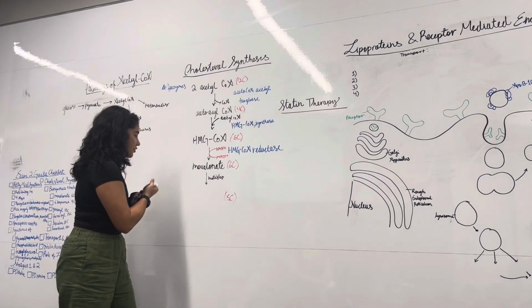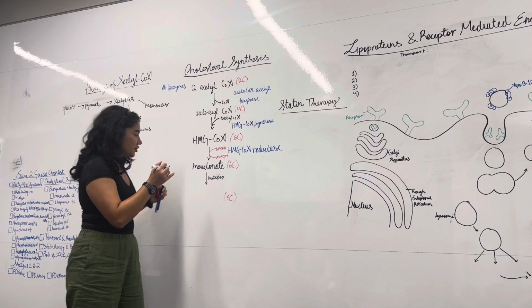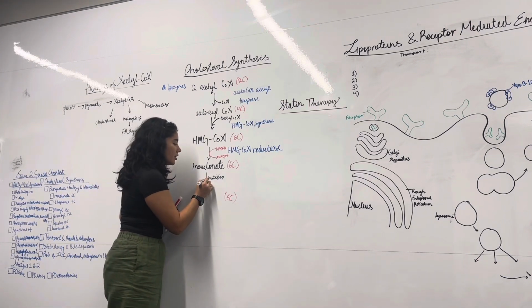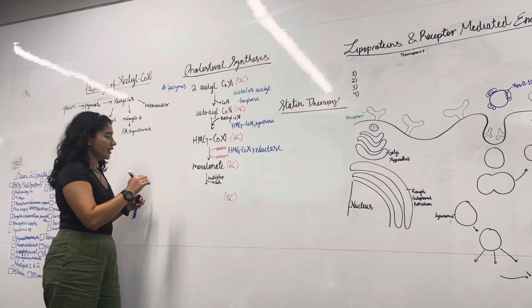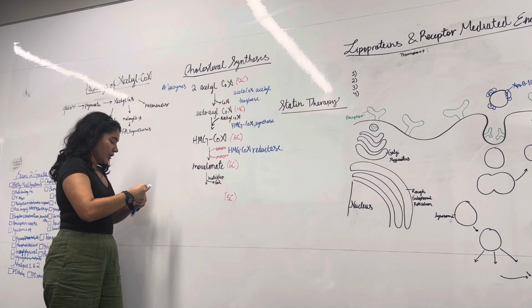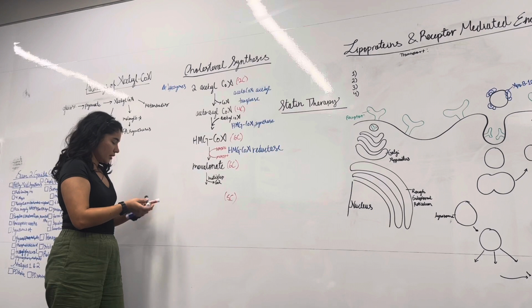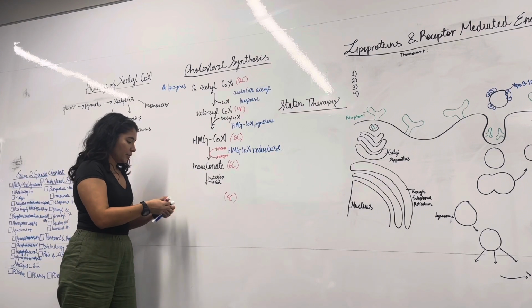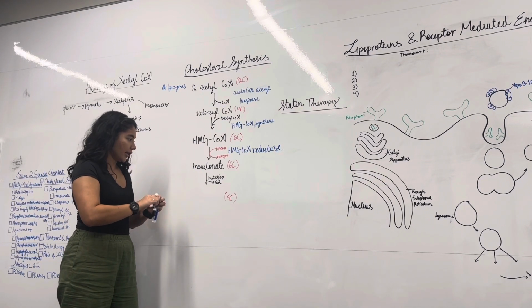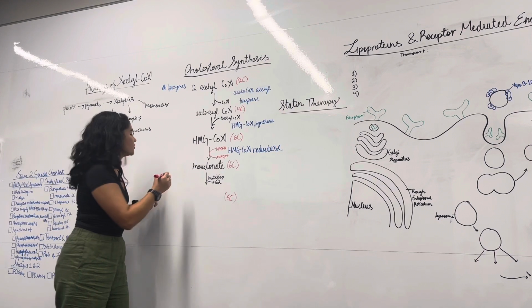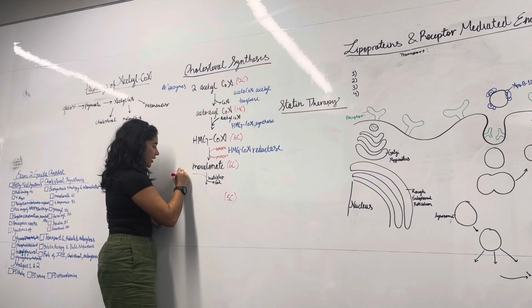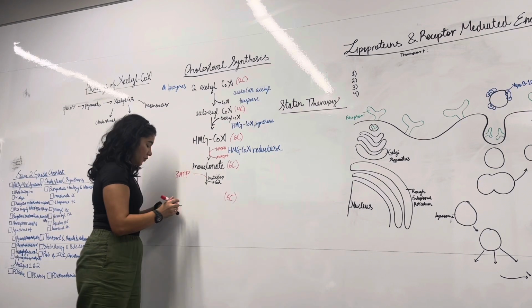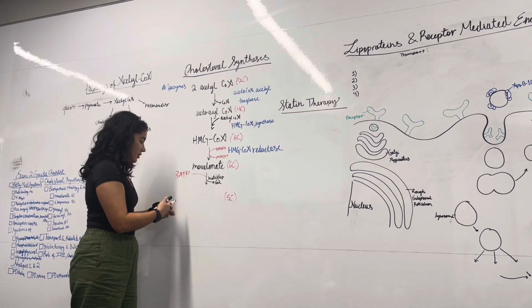I'm not gonna go over the details because that's not one of the intermediates that he was gonna test us on. So it undergoes a decarboxylation, and we basically create this molecule called pyrophosphate, which essentially has 3 phosphate groups. So we're gonna invest 3 ATP into creating this 5-carbon isoprene.